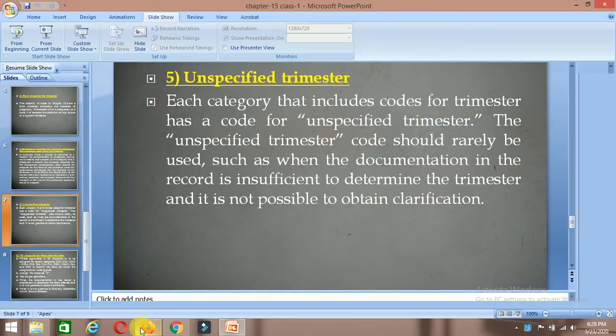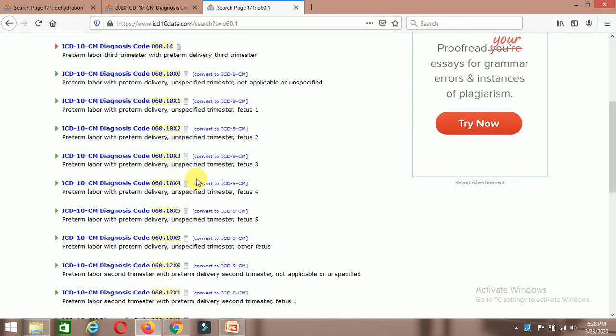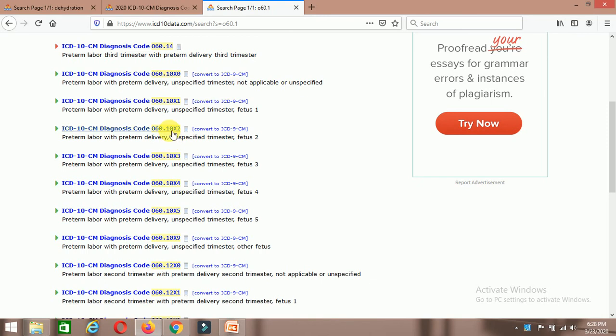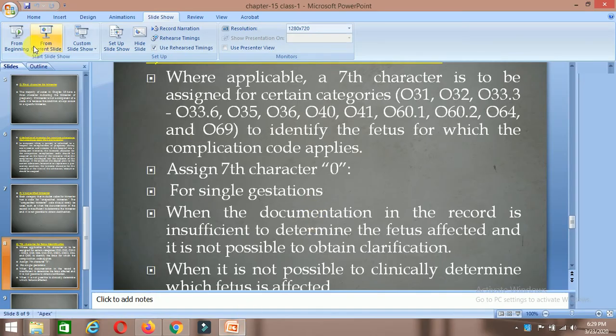See here O60.01, O60.1. I am taking O60.1. Here they have the seventh character 0, 1, 2, 3. What it identifies is which fetus it is, whether fetus 1, fetus 2, fetus 3, or fetus 4.